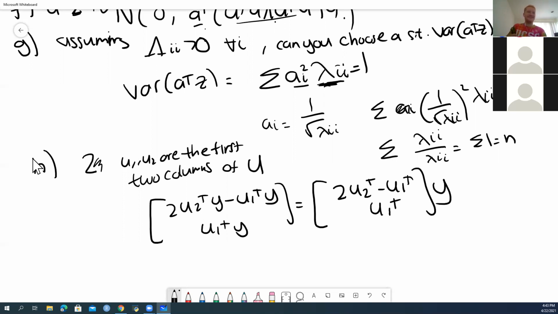Find the distribution. It's just going to be this times sigma times U transpose, and so on. I suppose you could cancel some things out if you really wanted to.